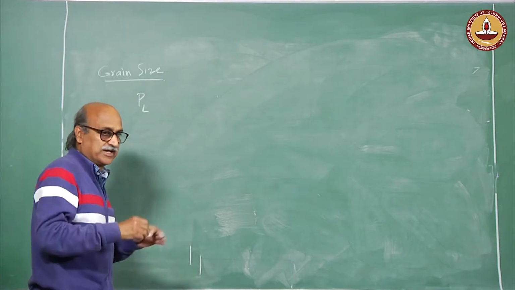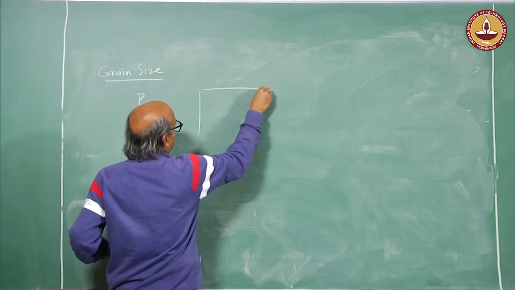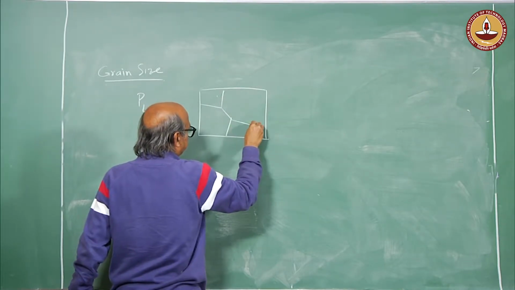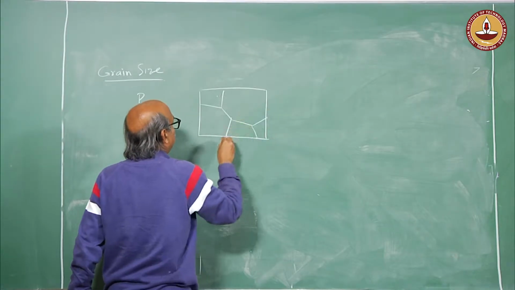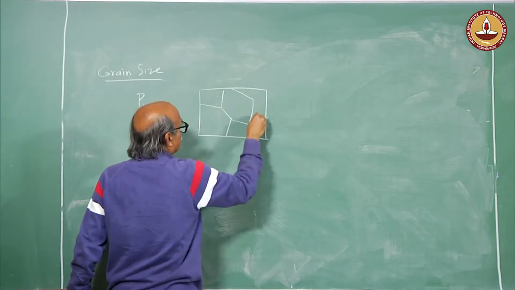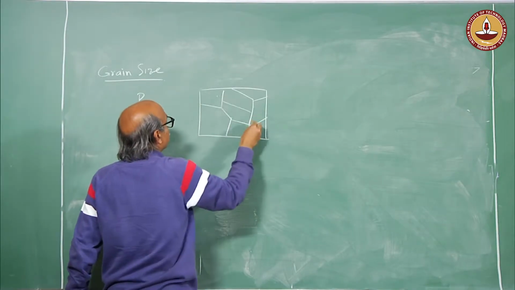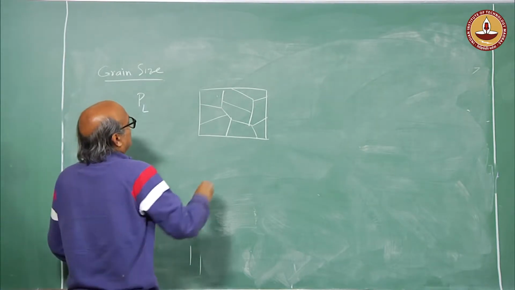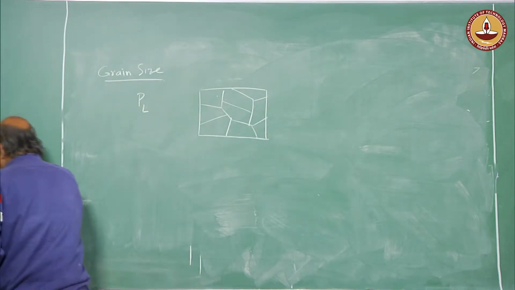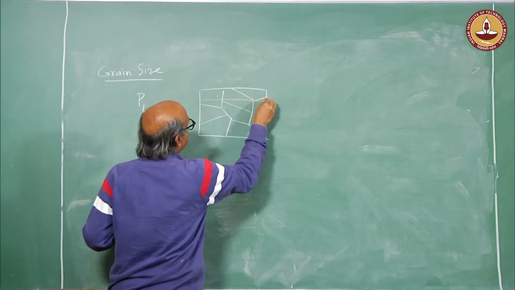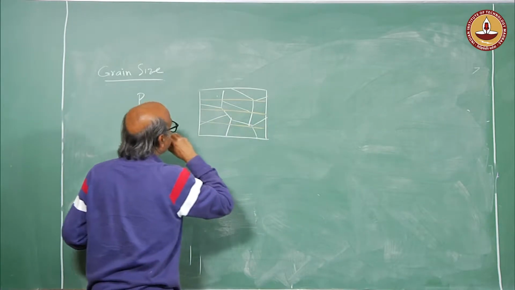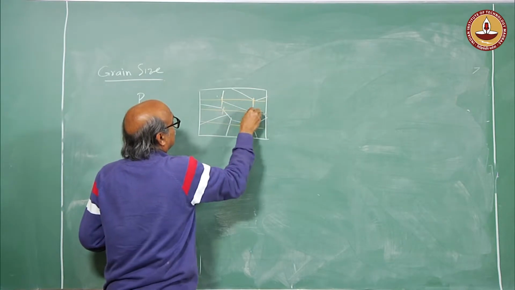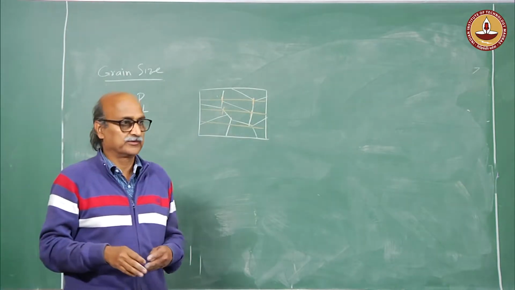One measure of grain size can be, and that is actually an important measure, which could be that when I put this grid of parallel lines, I measure these lengths intersected within the grain. Okay.